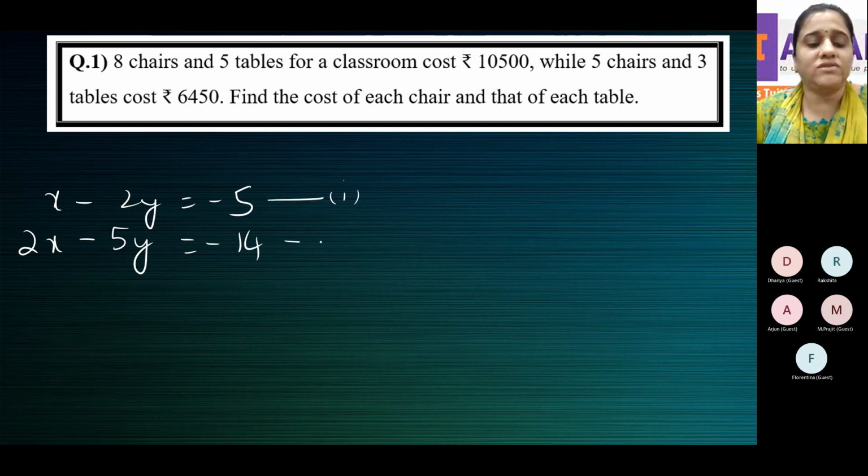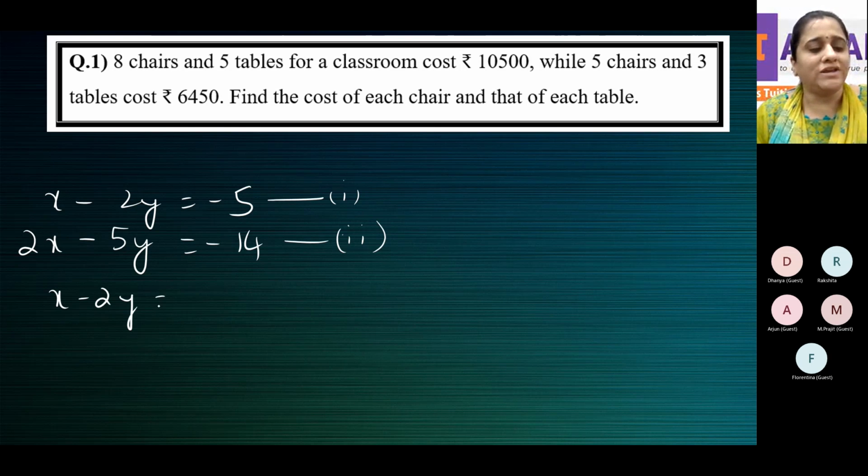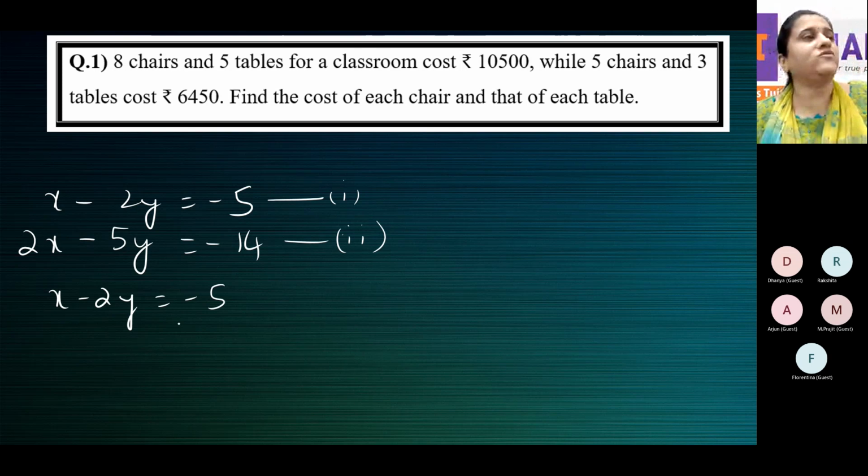So this is equation 1, this is equation 2. Take any one equation. So supposing you take equation 1, x minus 2y is equal to minus 5. Now write x in terms of y or y in terms of x. That's your choice.